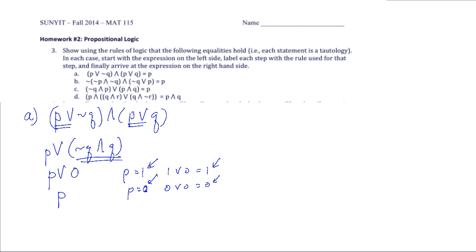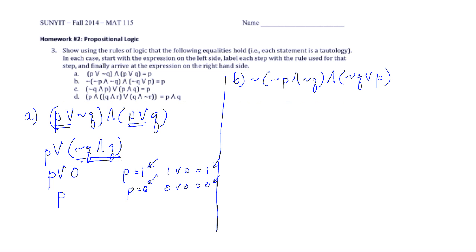Part B is going to be very similar, except I'm going to have to do a De Morgan's first. So let me do part B starting up here. And I have not P and not Q, and not Q or P. And that's the left-hand side of part B. First thing I'm going to do is apply De Morgan's to this side over here on the left of the and.